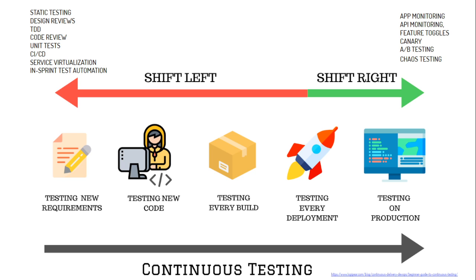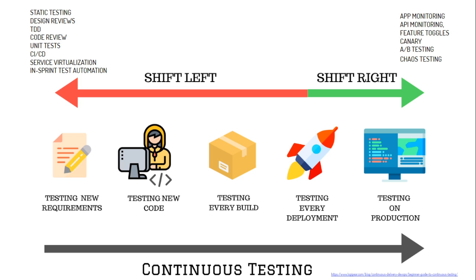To shift right, you can perform some activities like app monitoring or your application performance monitoring, API monitoring, where you basically see how your services and your APIs perform in real world conditions. This basically comes from developers and from SRE or your DevOps. Of course, as QA, you can also contribute in these areas as well.